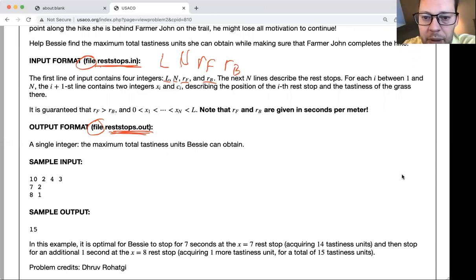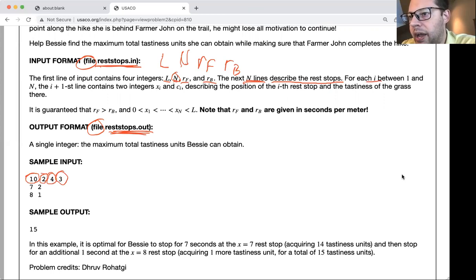So here, for example, in the sample input, I've got a 10-meter long trail. There are 2 rest stops. Farmer John takes 4 seconds to travel 1 meter. Bessie takes 3 seconds to travel 1 meter. The next N lines, remembering that N is the number of rest stops, describe the rest stops.